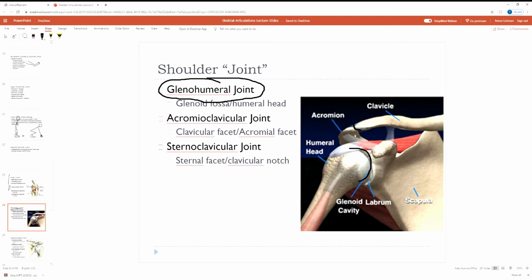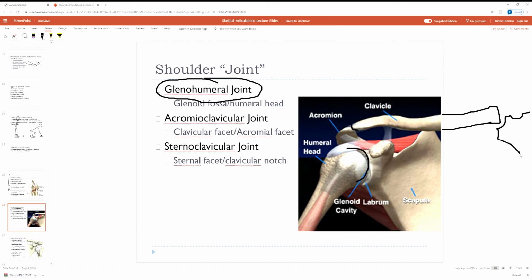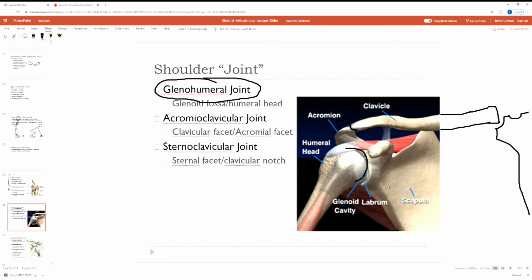It's the connection between your acromion and your acromial facet on your clavicle. Then you have your SC joint, which isn't in this picture, but if we continued the clavicle over, eventually it would attach to the manubrium at the clavicular facet. If you can kind of visualize that. It actually turned out okay.